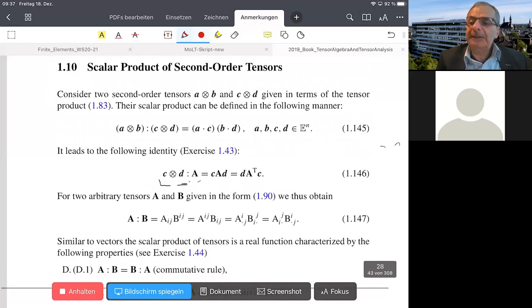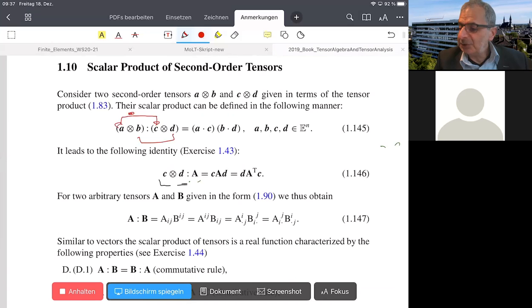We also repeated this scalar product in the exercise today, but the main idea was that we defined the scalar product by means of the tensor product of vectors, and you see the main idea that the first vector is multiplied here scalarly by the first one, the second by second scalarly. Why is it so important?